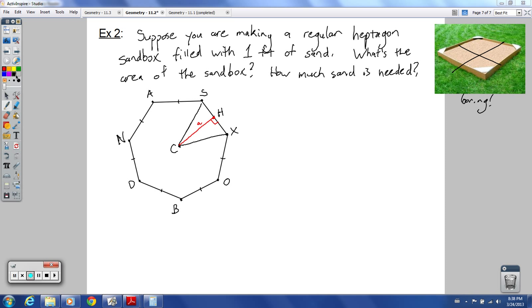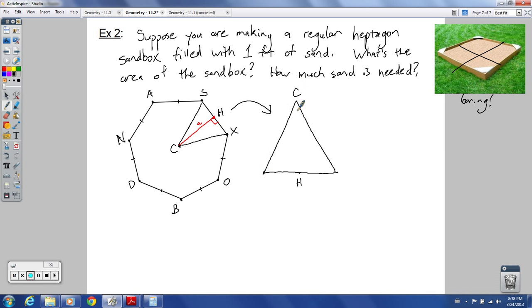And so I want to draw this triangle again, just a little bit bigger and off to the side. And so I'm going to recreate that right here. This triangle is the same thing right here. And so this is H, the midpoint there.